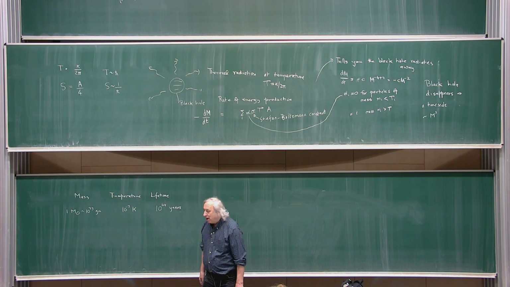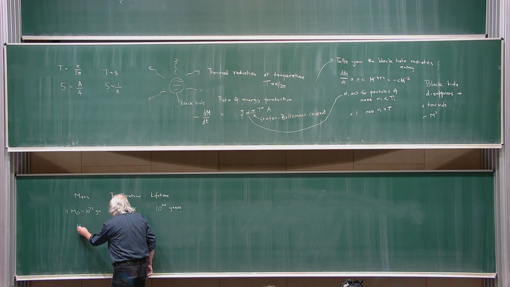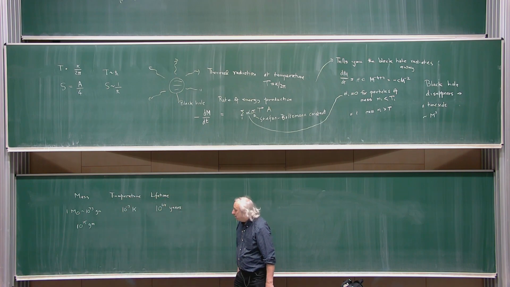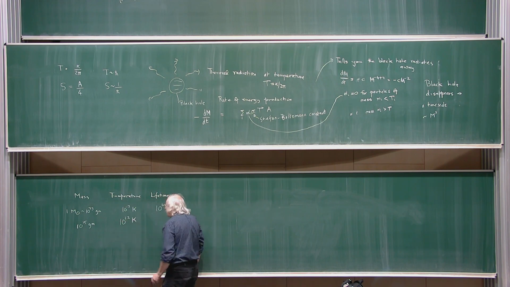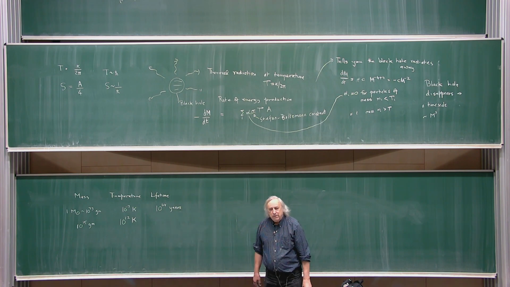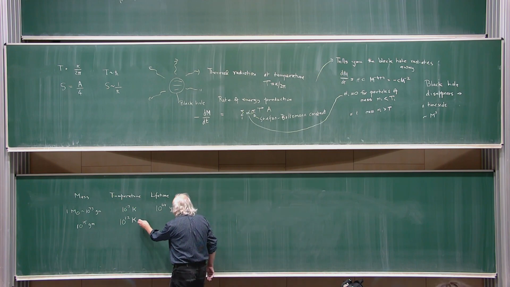There might be smaller black holes formed in the early universe. Let's consider black holes of a mass of 10 to the 15 grams. Their temperature is approximately 10 to the 12 degrees. You might say that's rather large, but if we think of that in terms of elementary particles, this is roughly speaking the same as the mass of the pion.